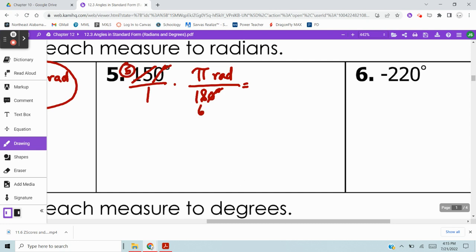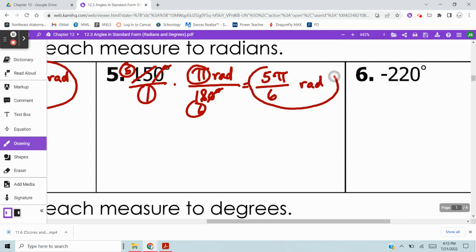So I'm left with 5 pi on top over 1 times 6 on bottom, 6, and that would be now in radians. We could turn that into a decimal if we wanted to, but most of the time we're going to leave that pi in our radian measures just to make it a little bit cleaner.